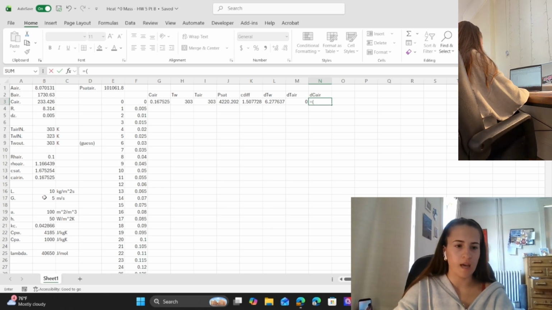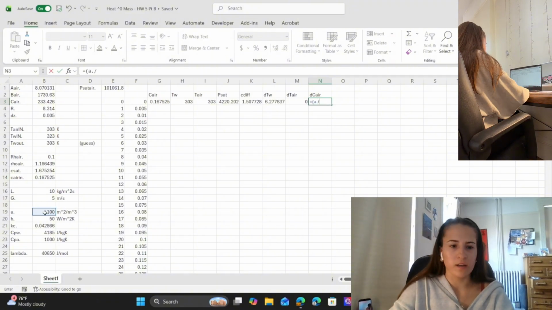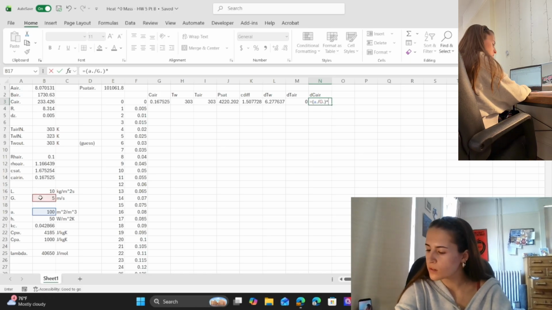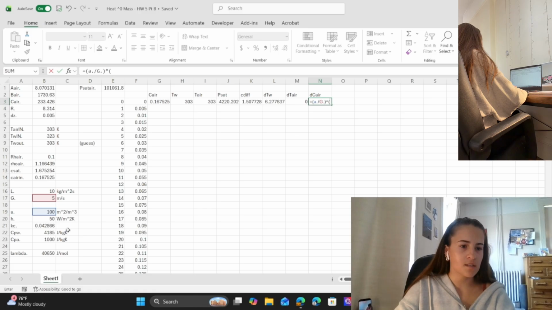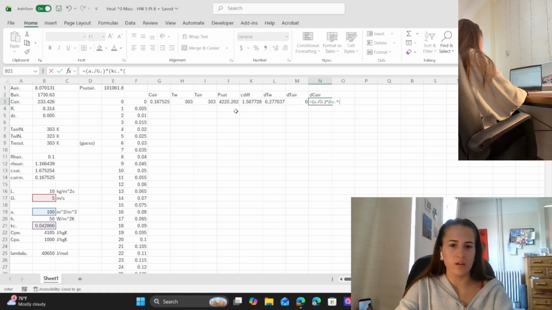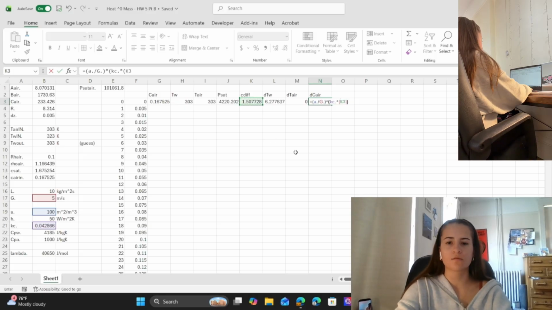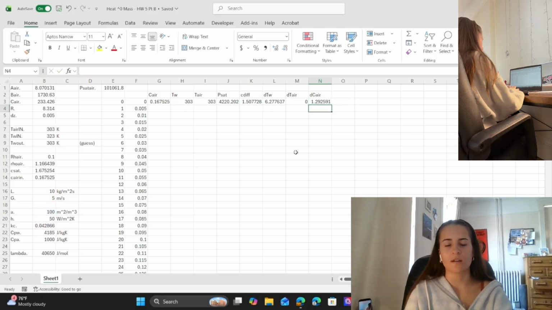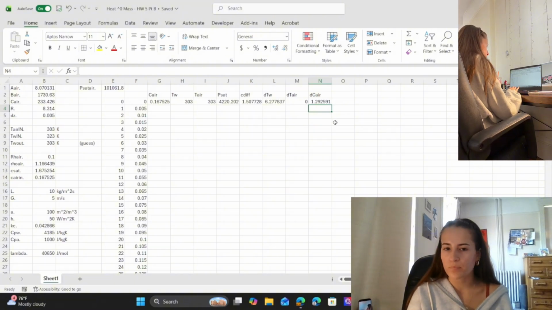That's going to be equal to A divided by G times, and then we're going to have Kc, which we calculated here, times the concentration difference. And that's what we get for the concentration of air.